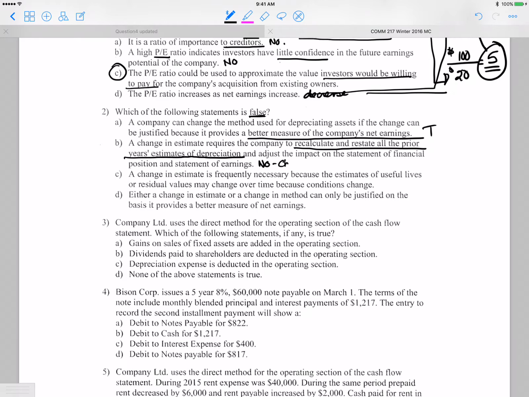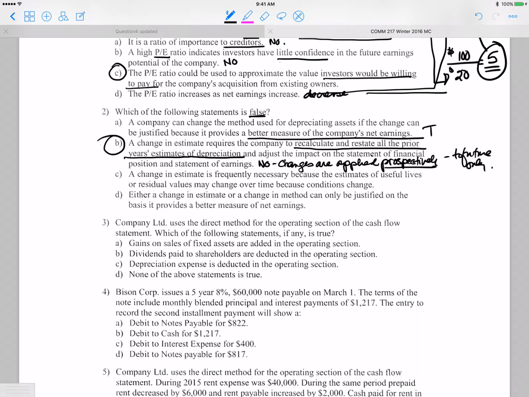Any changes are applied prospectively, which means to the future only. You don't go back and restate; you just determine what your new depreciation is going to be, and you apply that from today onwards. You don't go back to yesterday. So this is false. The others must be true.